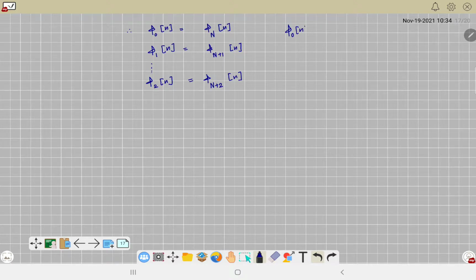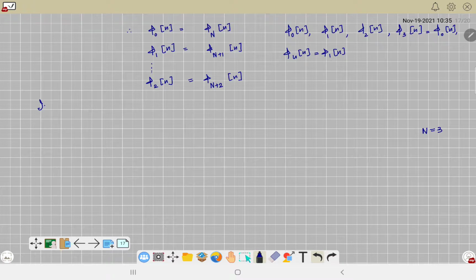It is something like this. You have a set of exponentials, let's suppose phi 0 n, phi 1 n, phi 2 n, and suppose that the time period N has a value of 3. Then phi 3 n will be the same as phi 0 n, and the next one, phi 4 n, will be the same as phi 1 n, and so on.